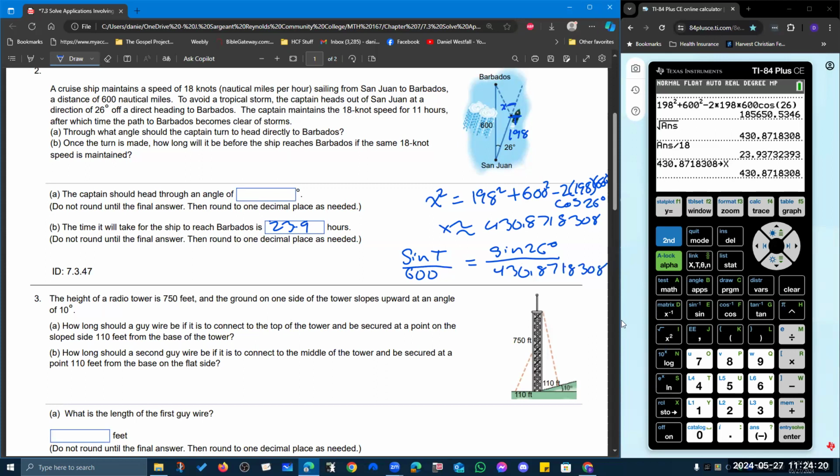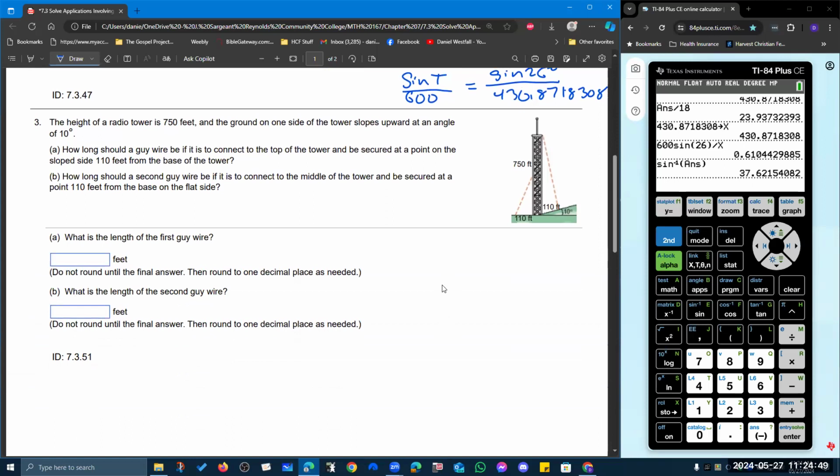So we want 600 sine of 26 divided by X, and then arc sine of that gives me 37.6 degrees.